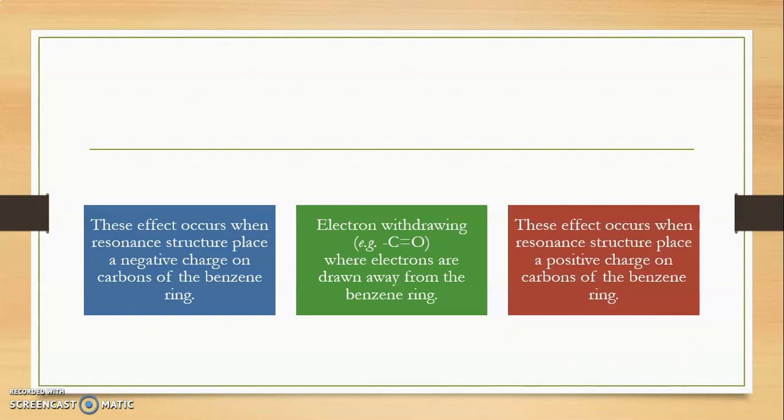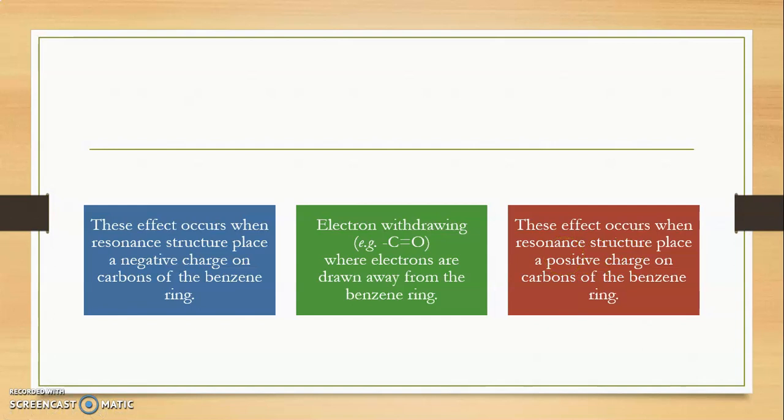One is electron donating, where electrons are pushed towards the benzene ring, and electron withdrawing, where the electrons are withdrawn from the benzene ring. Now these effects occur when a resonance structure places a positive charge on the benzene ring. Means if electron donating resonating effect is there, these groups place a negative charge, as you see over here, while exactly opposite, if electron withdrawing effect is there, then these groups place a positive charge on the carbon atoms of the benzene ring.